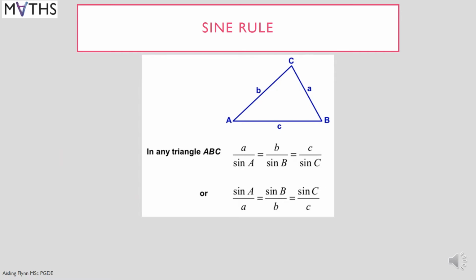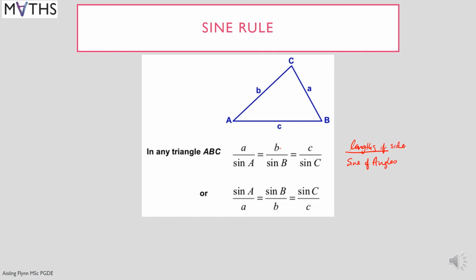So here's the Sine Rule. We have a triangle labeled as we did on the previous slide, and it says in any triangle ABC, the side a over the sine of the angle A is equal to side b over the sine of angle B, which should be equal to side c over sine of the angle C. So on the top here we've got the lengths of sides over the sine of angles.